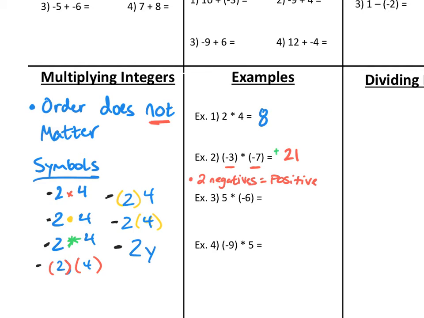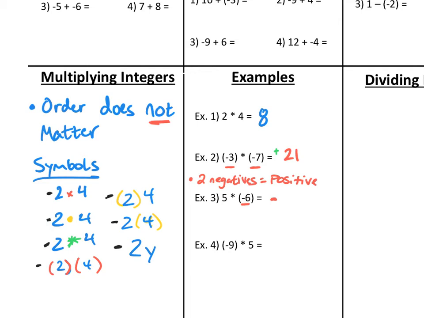Good job. All right. Now, looking at example 3, how many negative numbers do you have? 1. Uh-oh. So when you only have one negative, when they are different signs, you're going to end up with a negative number. So I know right now I could come over here and write negative because I know my answer is going to be negative.